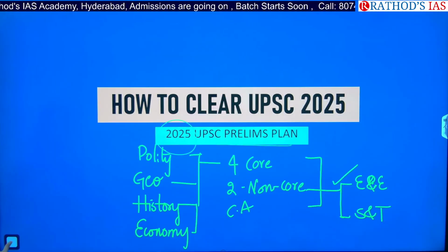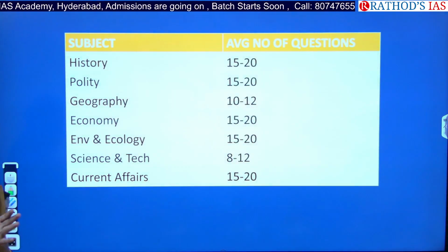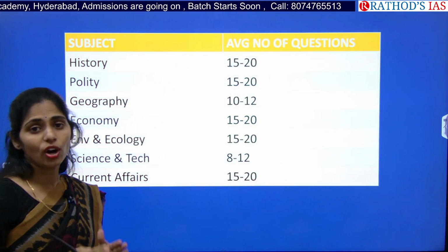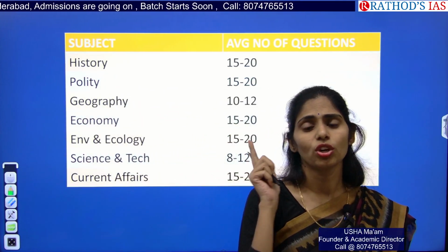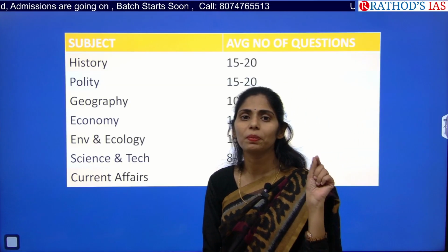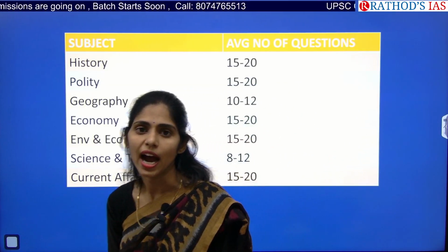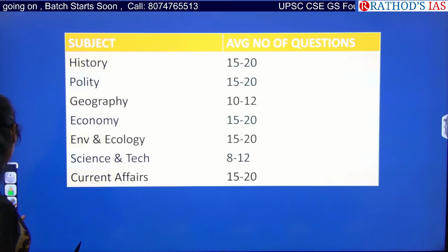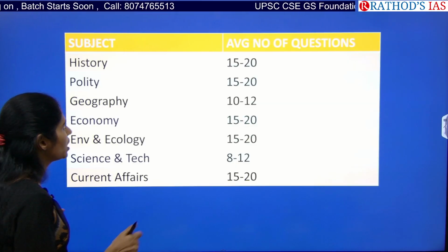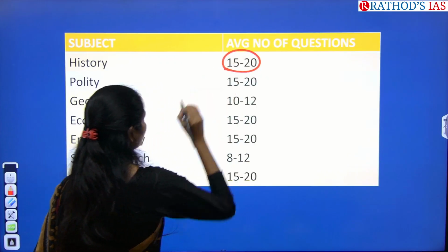Now let us see how the questions are asked, or how many questions you get from each subject. If you want to clear UPSC, you should be smart, not only hard-working. From history, every year you get around 15 to 20 questions.